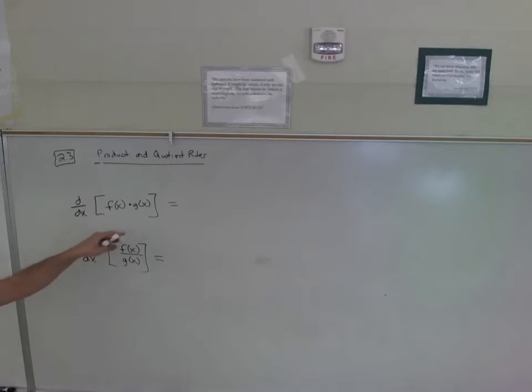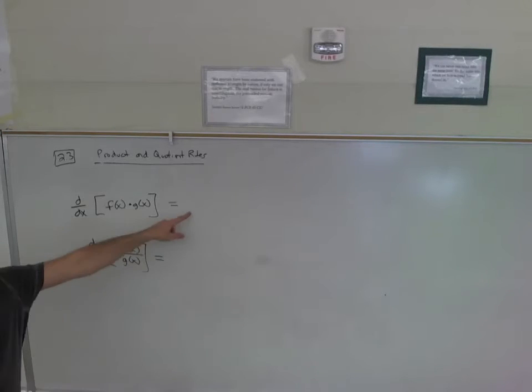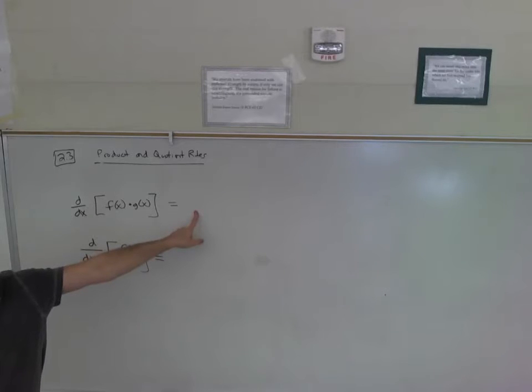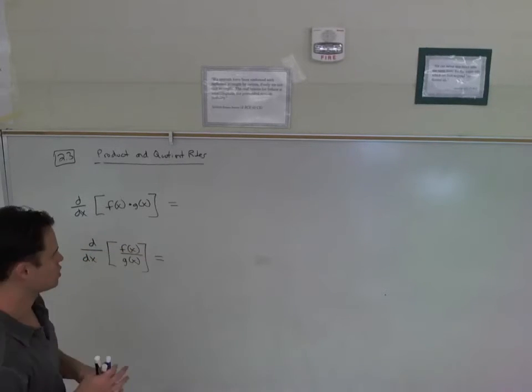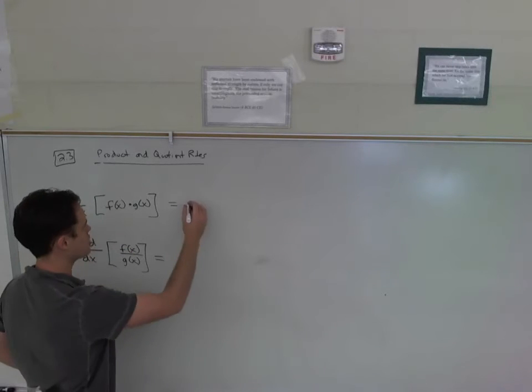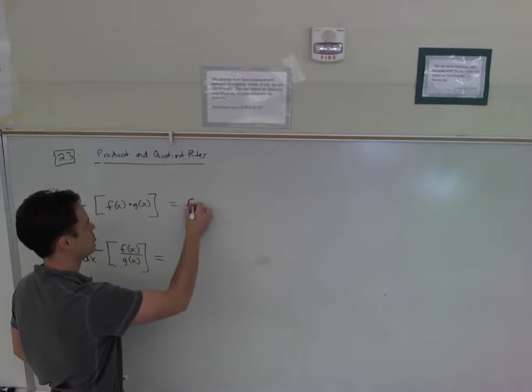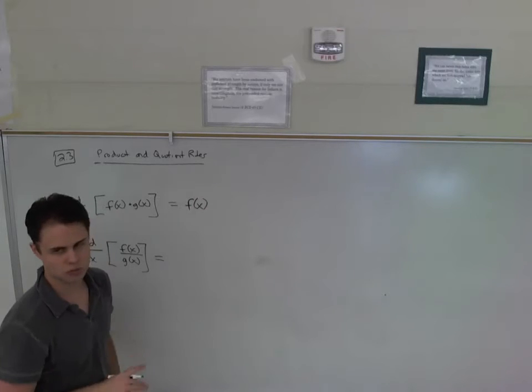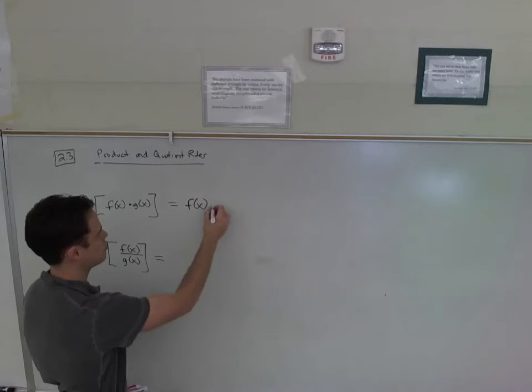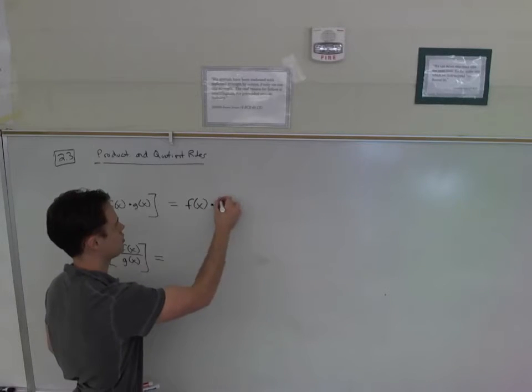So what happens when you have a product? Is that the derivative of f of x times the derivative of g of x? Do you get f prime times g prime? That's what we're trying to find. So this is what you get, and I'll prove it tomorrow. First thing, leave it alone. Multiply it by the derivative of the second thing, so g prime.